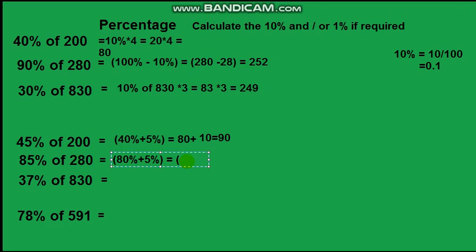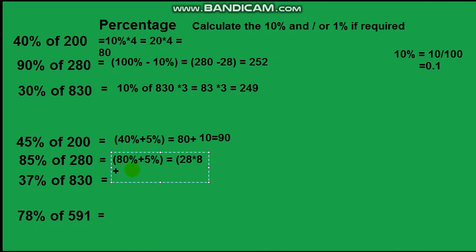It's 28, multiplied by 8, that is 224, plus 5% of the number. If 10% is 28, 5% will be 14.